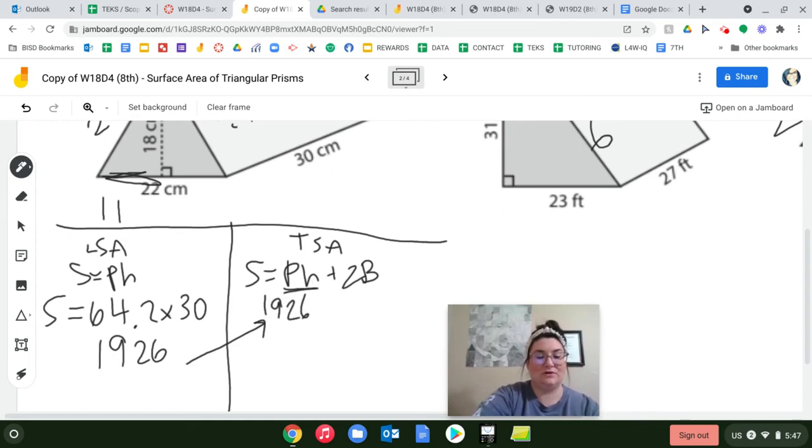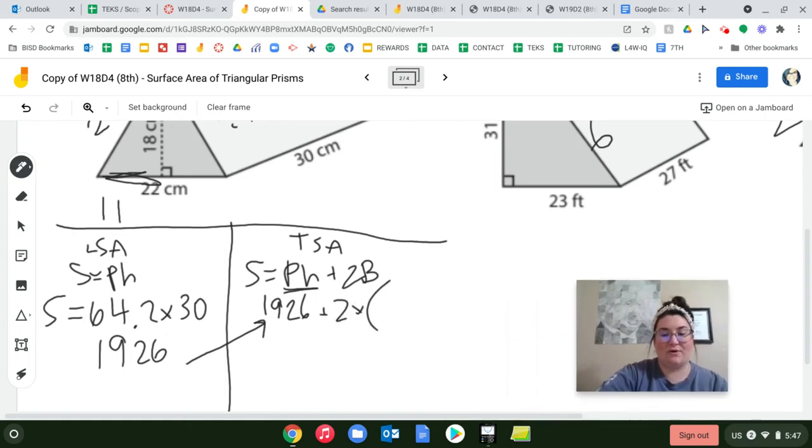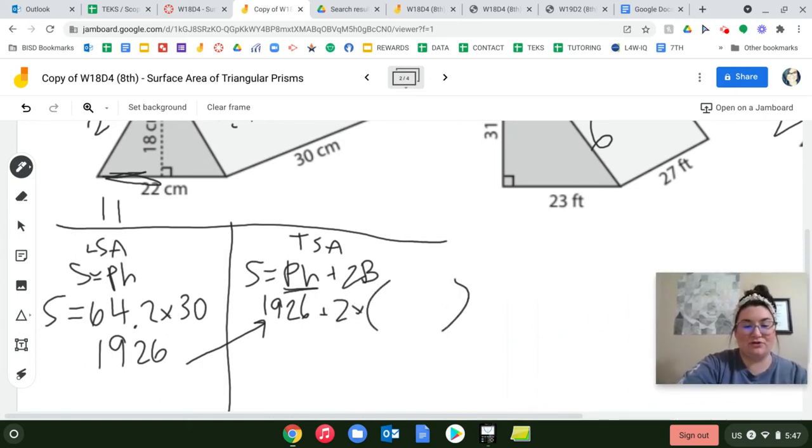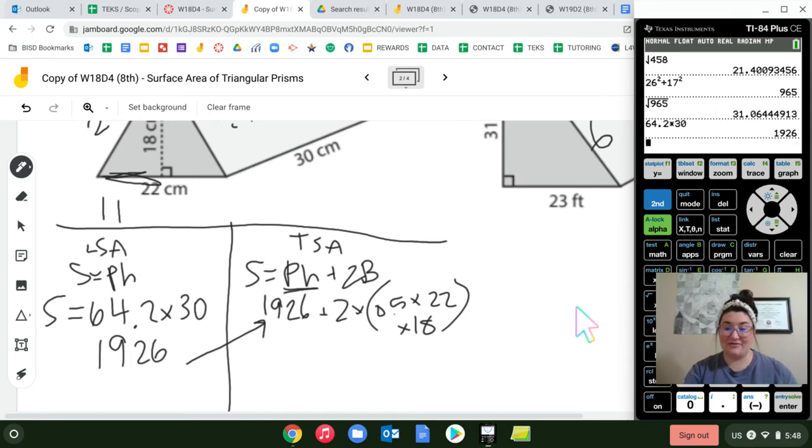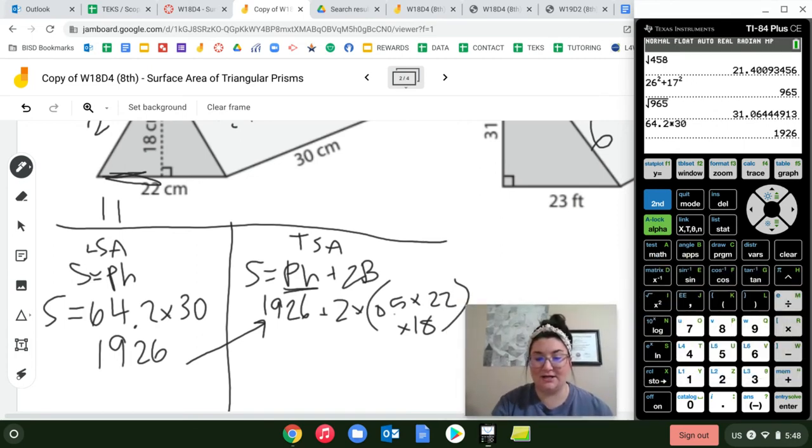So 1926 plus 2 times, here's where we are solving for area of a triangle, which remember is 1/2 times the base of the base and the height of the base. So times 22 times 18. See how these formulas are a little bit tricky if you don't know what you're doing.